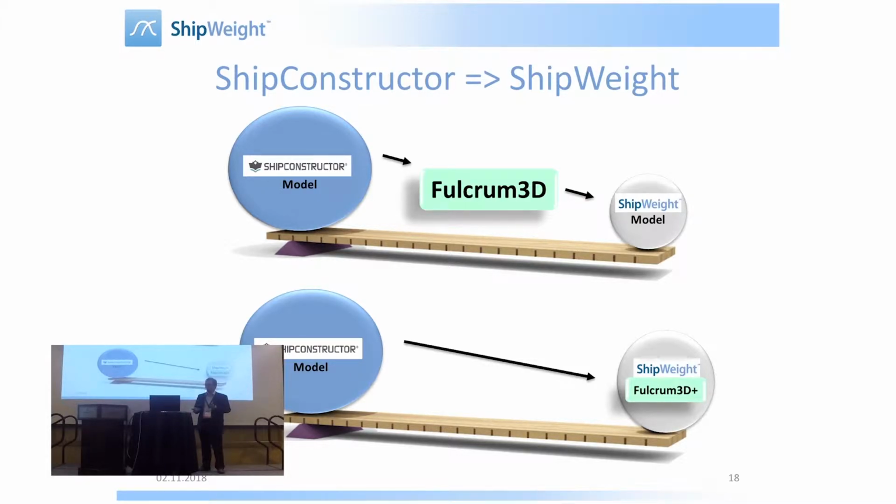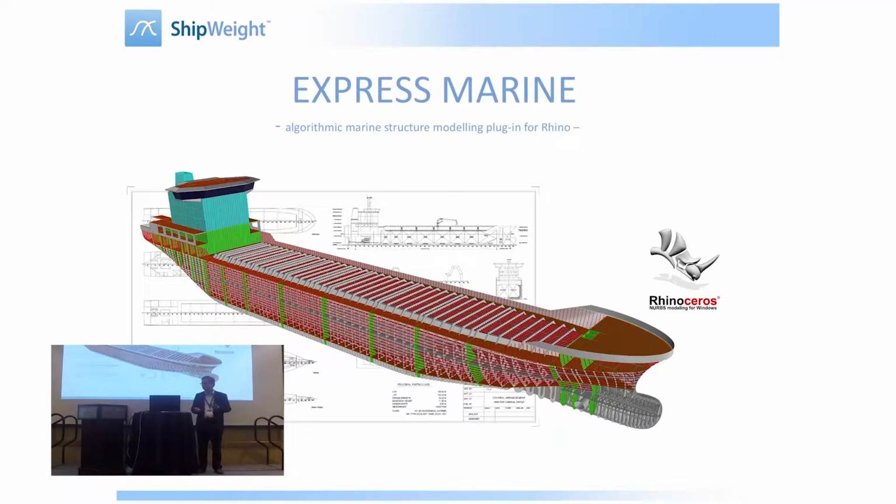Right, so that was ShipWeight, very briefly. And then we have the new tool, which is called ExpressMarine. So ShipWeight we've been doing for 20 years or more. ExpressMarine is a 2-year-old tool, and it's a project for Rhino.